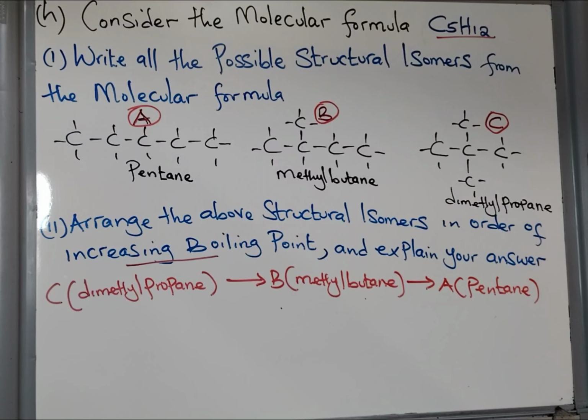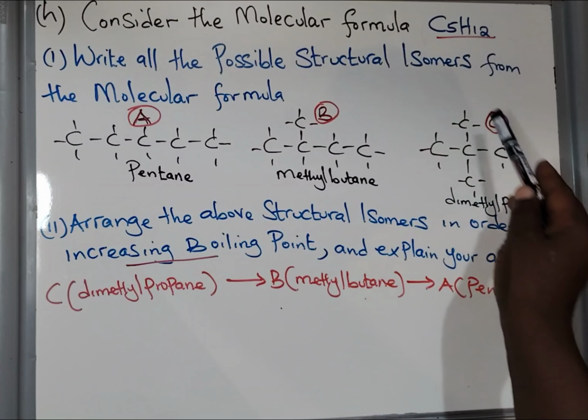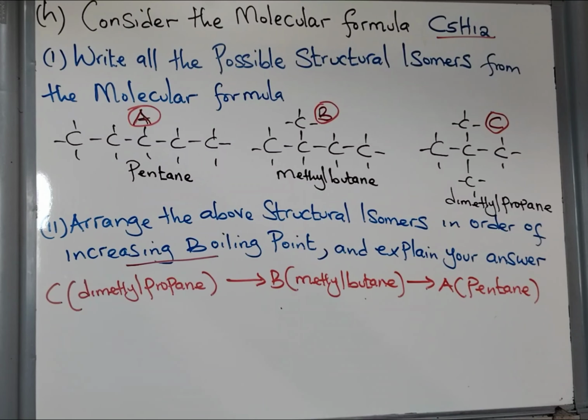This is what you have to know, that branching reduces the surface area of the molecule, and so it reduces the area of contact with the intermolecular forces. So in the process, it reduces the number of intermolecular forces between the molecules. And the higher the branching, the lower is the surface area.